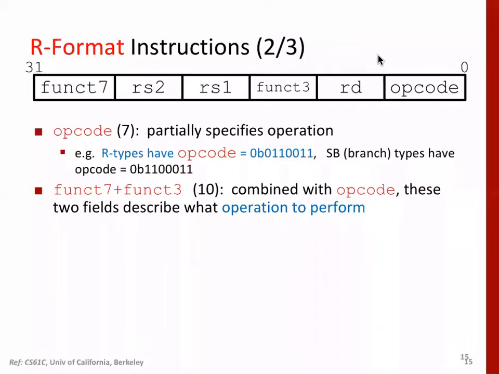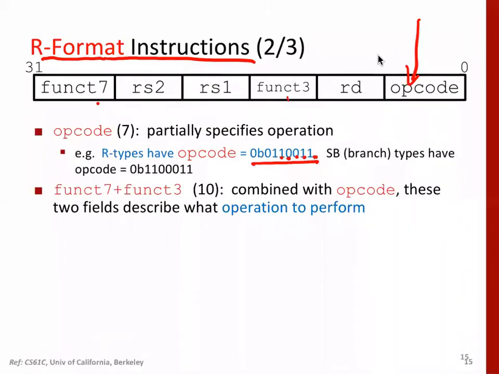All opcodes in R format instructions, like add or whatever, use this one, 0110011. And we'll see what these are. If the opcode is the same, then obviously we have to interpret using the func3 field or the func7 field.